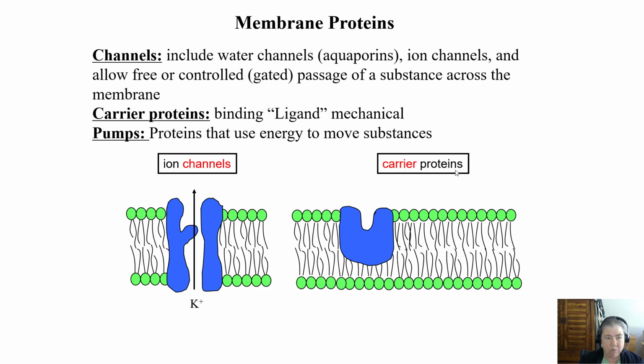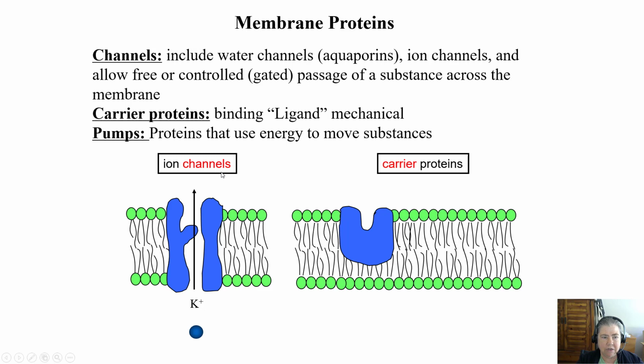There are also proteins that we call carrier proteins that are mechanical, that bind a substance and then move it from outside to inside or inside to outside. And finally, and extremely crucially, there are pumps, and these are proteins that use energy to move substances across cell membranes.